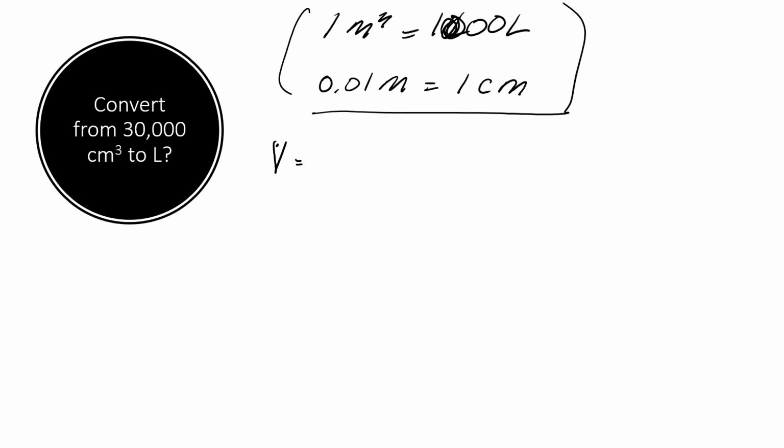So what's 30,000? That's 1, and so we go over 1, 2, 3, 4. It's equal to 3.0 times 10 to the 4th centimeters cubed.